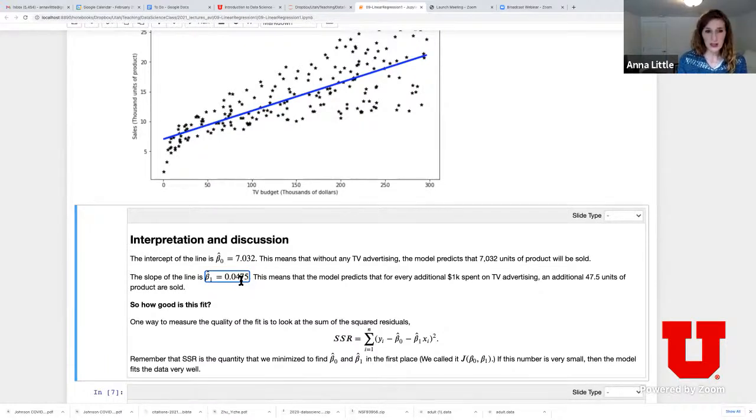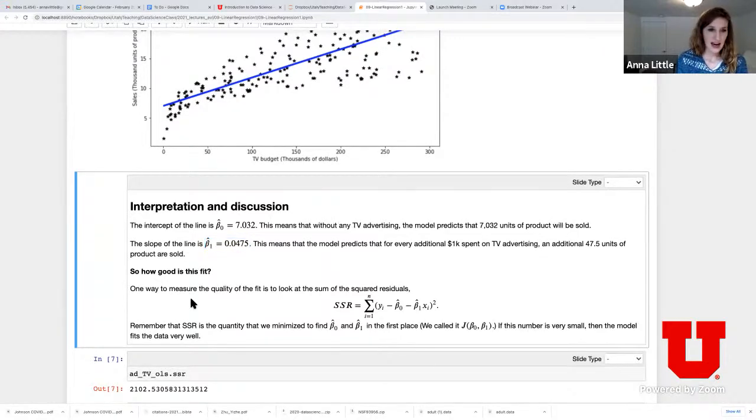So if you spend $1 extra on TV advertising, then you expect to sell 0.04 more units. It might be more helpful to think about it in terms of how many more units you would sell per thousands of dollars spent. So if you spent $1,000 more on TV advertising, then you would sell an additional 47.5 units, according to the regression model.